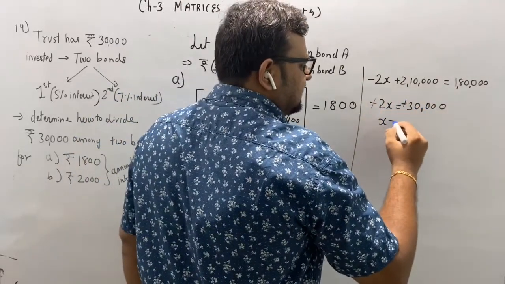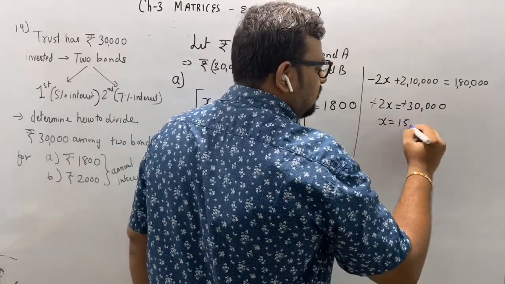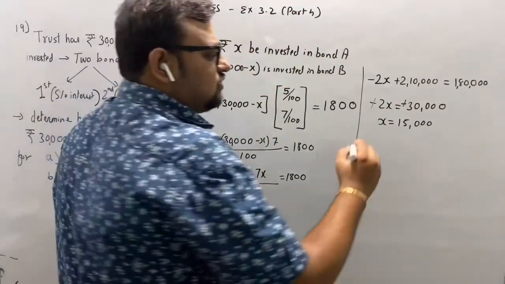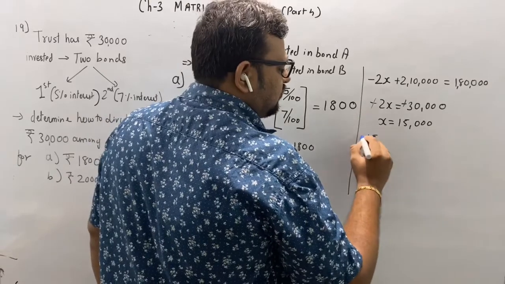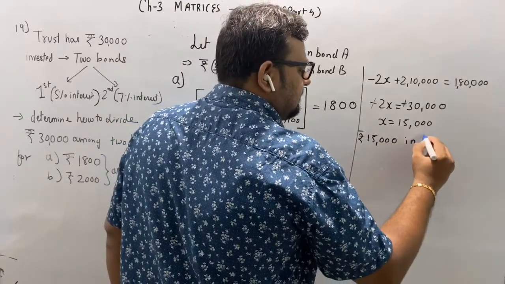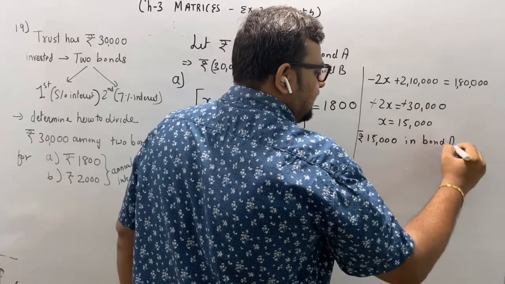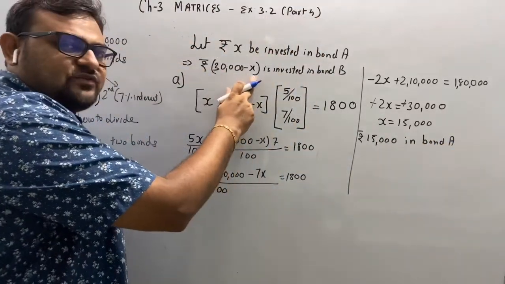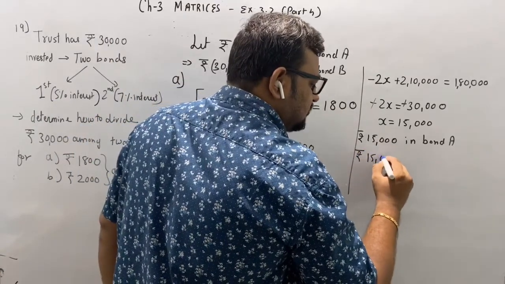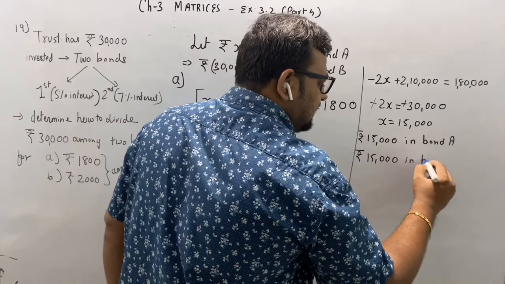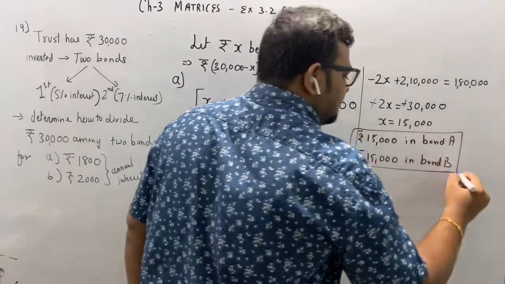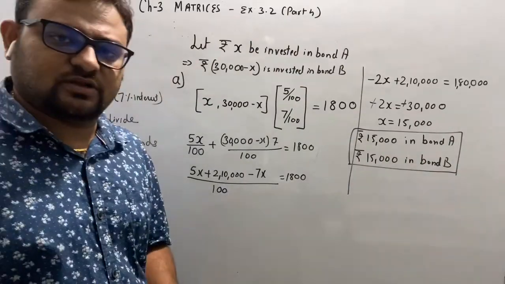So x is equal to 15,000. So 15,000 rupees in bond A. The remaining, 30,000 minus 15,000, is again 15,000 rupees in bond B. This is your answer.